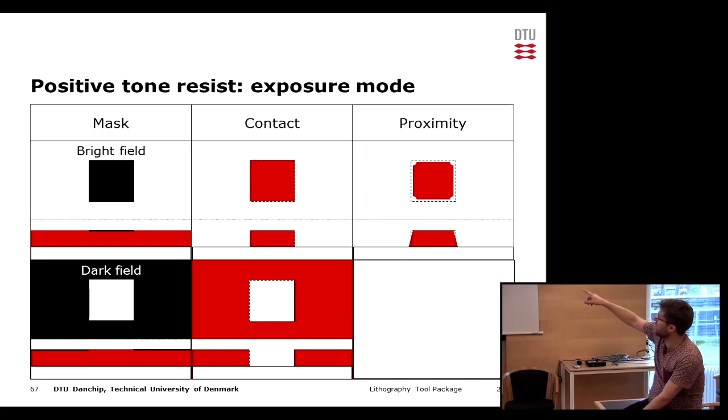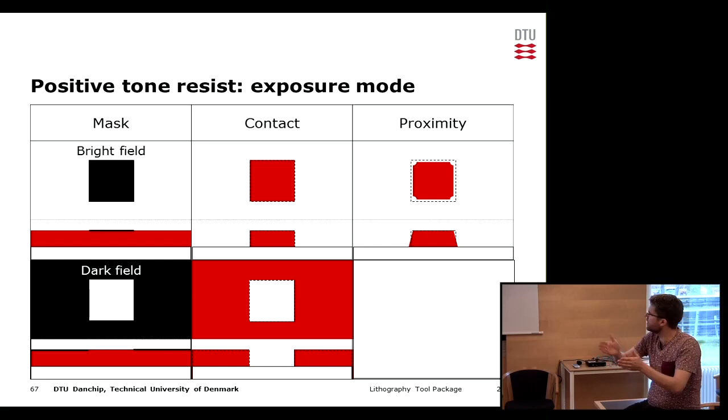But the effect that we get in the positive tone resist is that when we look on the top of the resist, we can see that the air gap that we have introduced actually makes the light that comes from the perfect square in the mask diffract.